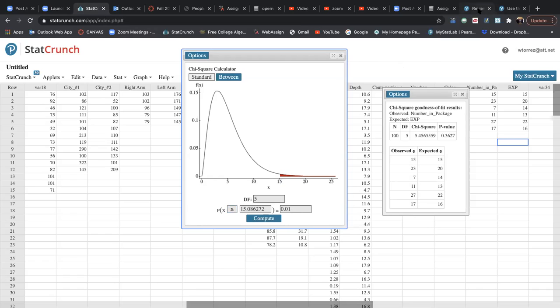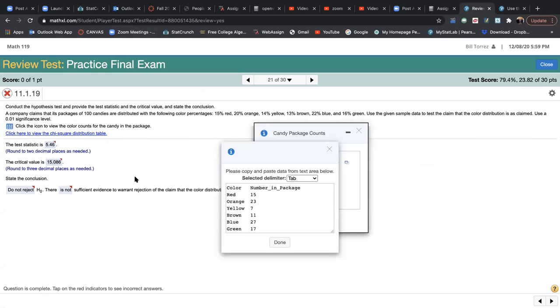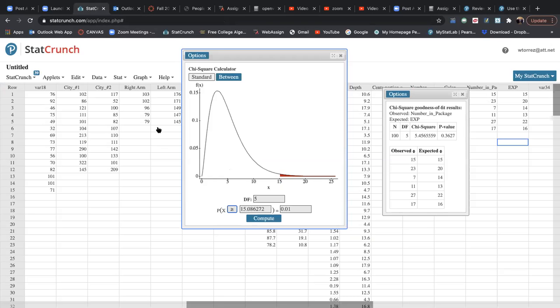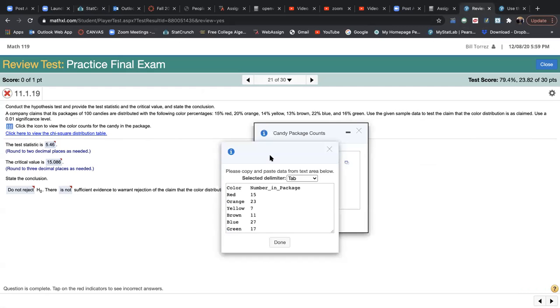And 15.086. Here it is, rounded to 3 places. 15.086 from our StatCrunch work. And the student answered 11.071. That's incorrect. All right.